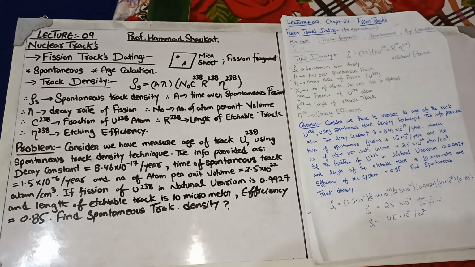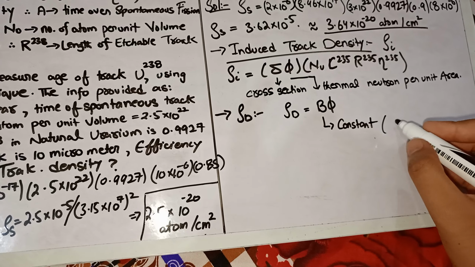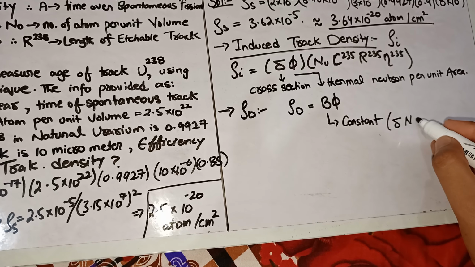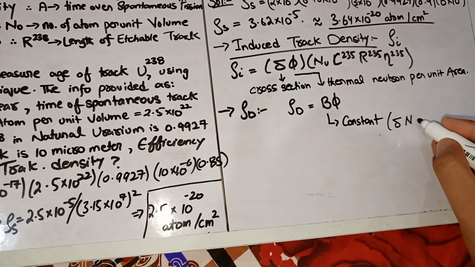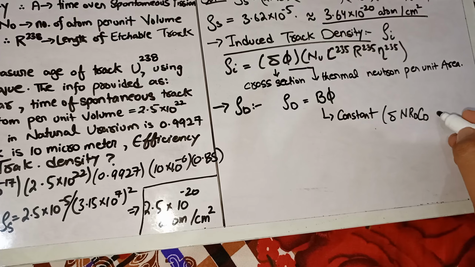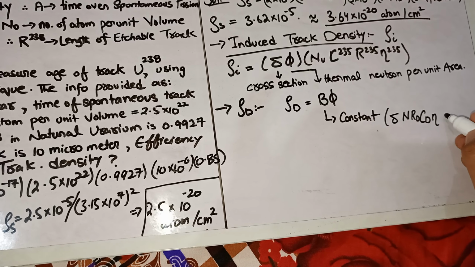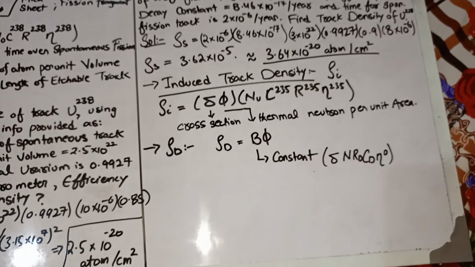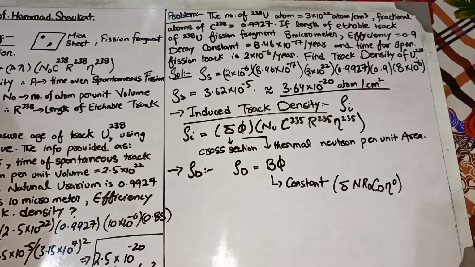b here is basically the constant, given formally by the expression sigma, N, R d, C d and eta d. This is the same scenario as you see here.